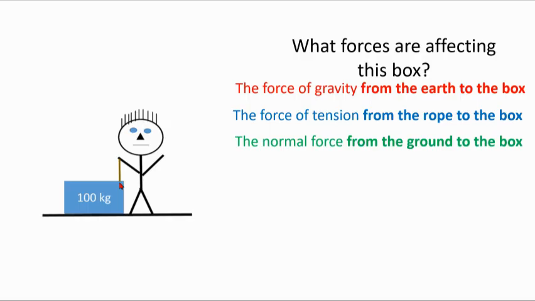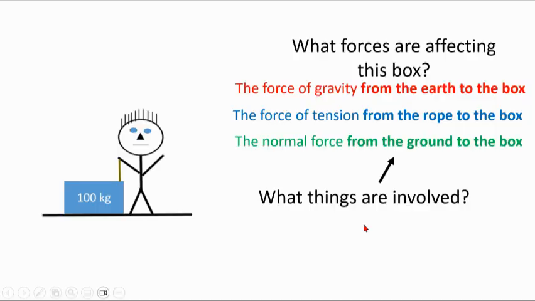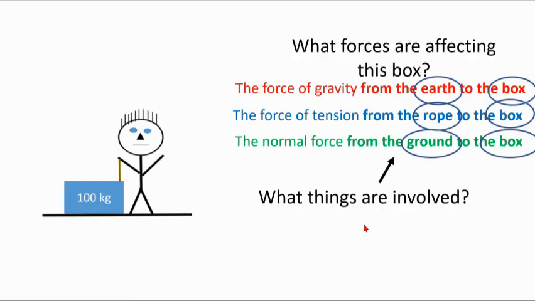And so those are the three forces. There's no forces left or right because it's a flat surface, so friction's not happening at this point. So we have three forces, and we have the objects here that are causing it. I'm just going to circle those. These are the things involved.